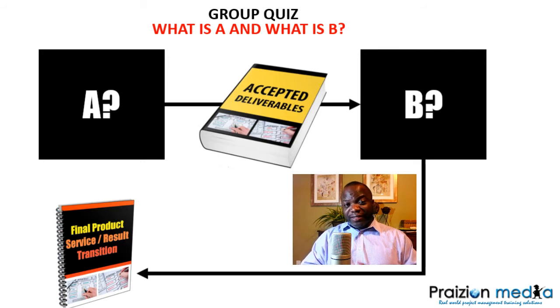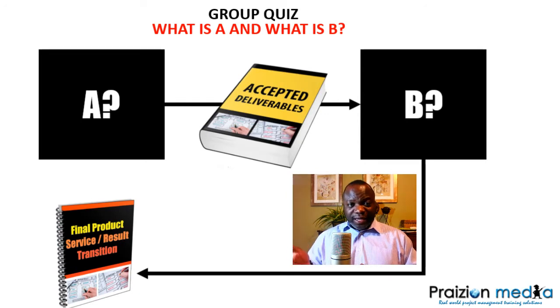Now, spoiler alert, I'm about to show you the answer. So, accepted deliverables are deliverables accepted by the customer, and this happens in a process known as validate scope. In validate scope, the customer or the appointed stakeholder inspects the deliverable and accepts the deliverable.